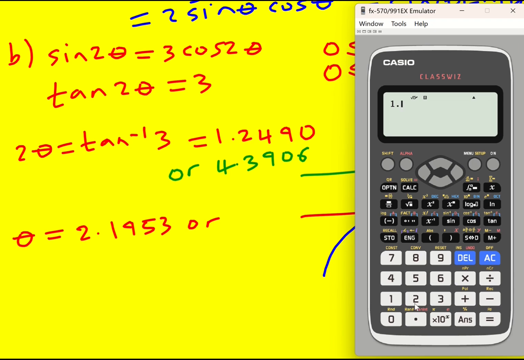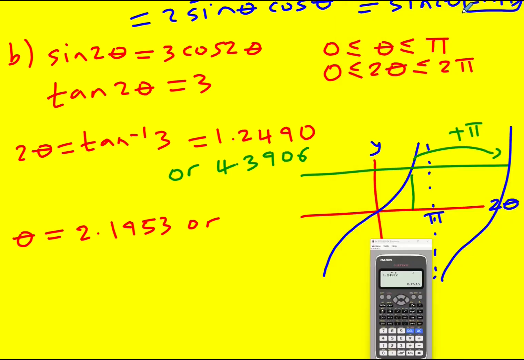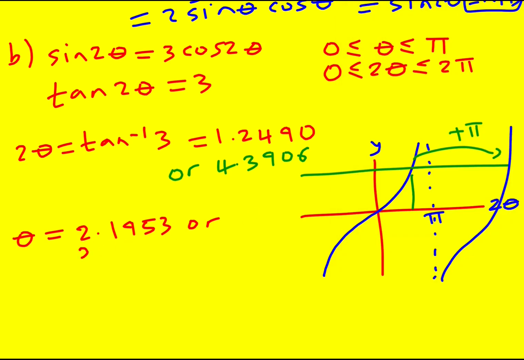Or we had 1.2490 divided by 2, which gave 0.6245. Okay, so finally, three significant figures, and I'll write them in order: 0.625 or 2.20.